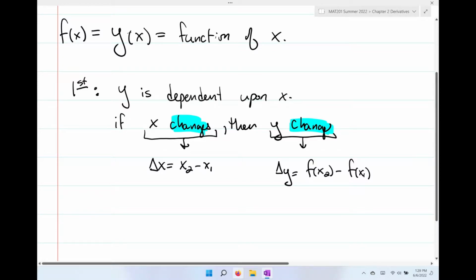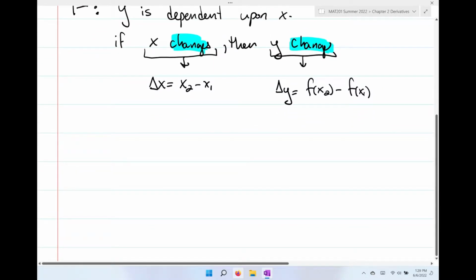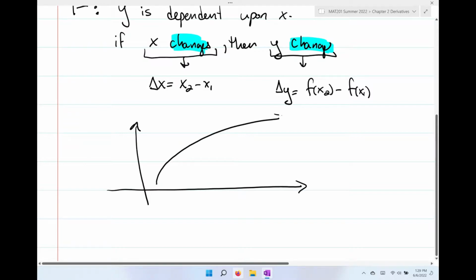And what that means is that if we were to find, I'm going to do this using a picture because I think a picture is awesome. All right, so here's my first point. It's going to be x1, so this will be f of x1. Then my second point is going to be all the way over here.